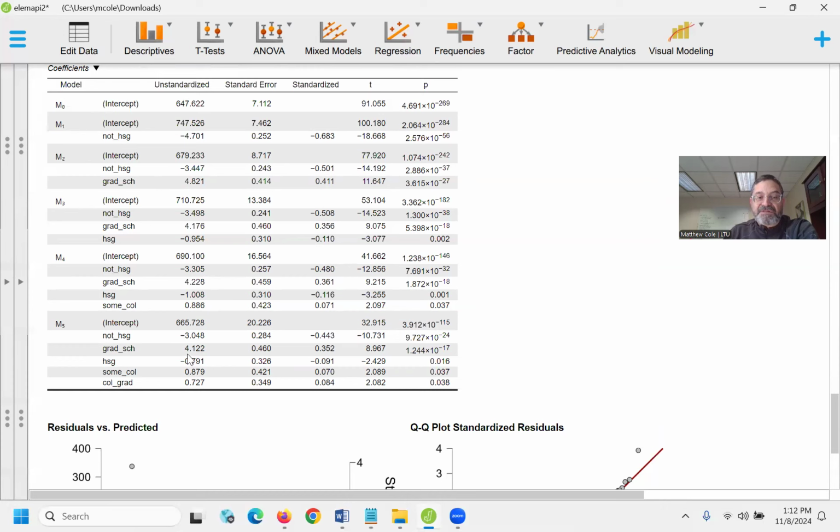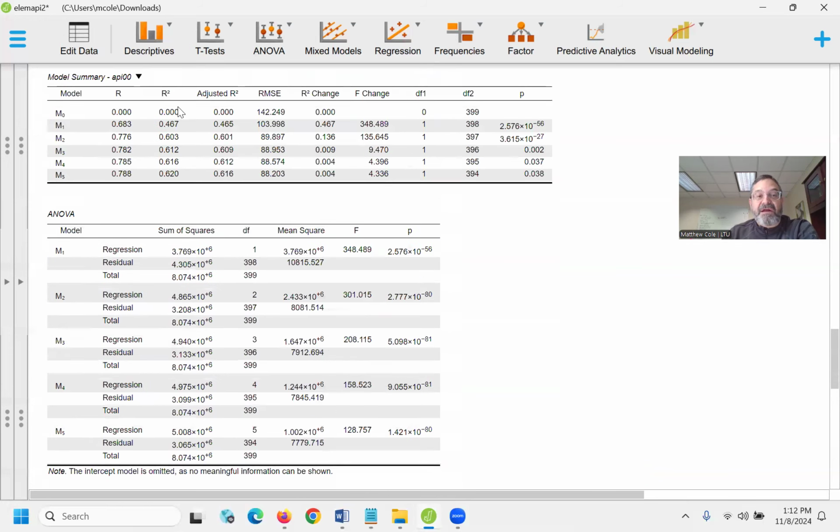When we get rid of the unstandardized and put them all in the same standardized units, we can see that if your parent does not have a high school degree, that's almost a 44% effect on academic performance.